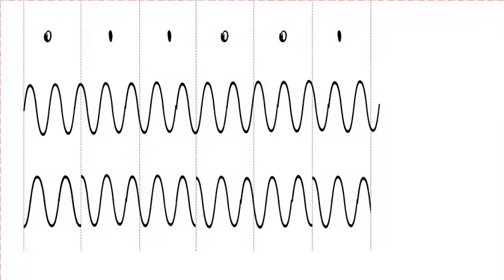Okay, sa aton nga phase shift keying, the phase of your carrier wave is switched as per the input digital signal. This is analogous to your PM. Okay, so kung makita dari nato.